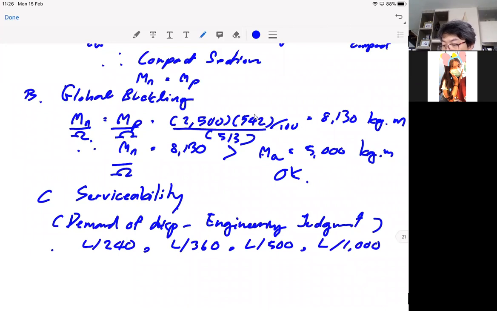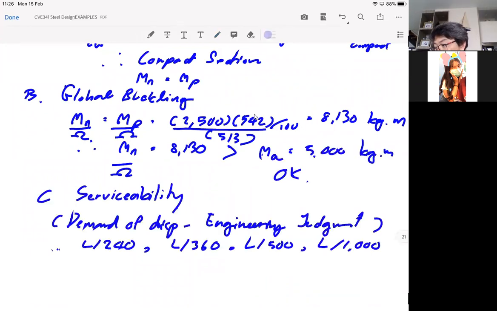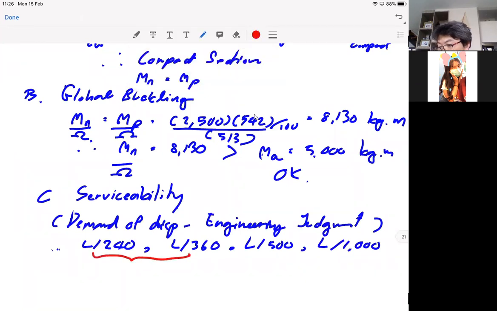The first two are pretty common, but you should notice that this is the increment of 12, which is the US and UK approach. It's like a 1 foot long beam can have 1 inch of displacement, something like that. So this is not really a restriction, it's like a rule of thumb.